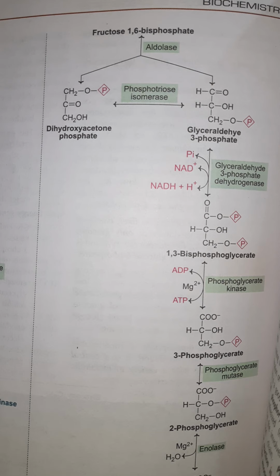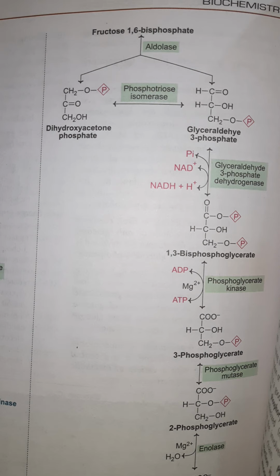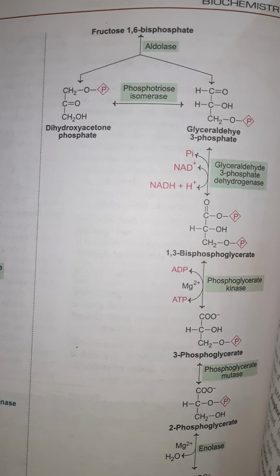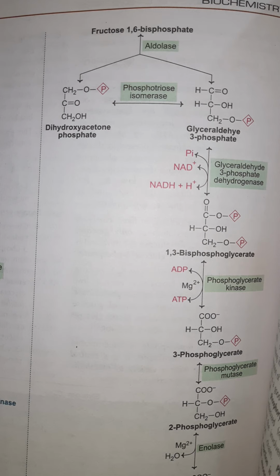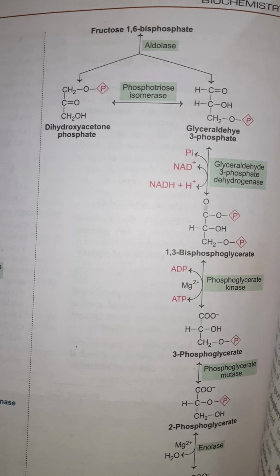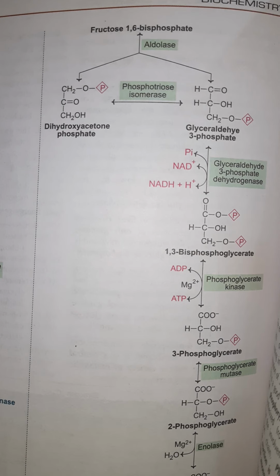Thus, 2 molecules of glyceraldehyde 3-phosphate are obtained from 1 molecule of glucose: one by the interconversion of dihydroxyacetone phosphate to glyceraldehyde 3-phosphate, and one directly from fructose 1,6-bisphosphate by the enzyme aldolase. And this is the splitting phase.